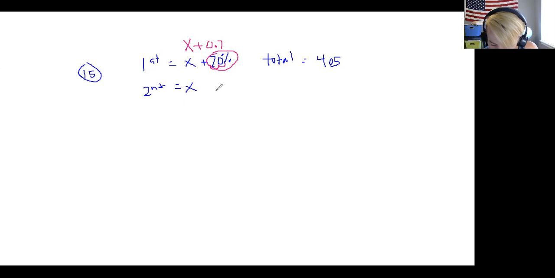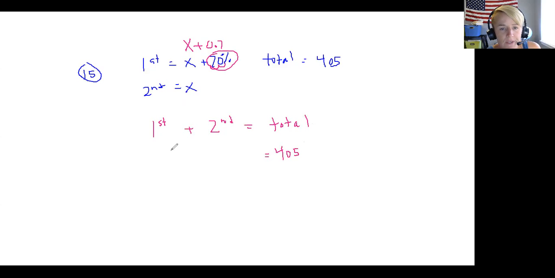So it says, what are the two numbers? This is exactly like the last problem. I'm only going to set it up for you and then turn you loose. I'm going to add up first number plus second number, and that's going to give me my total. And we know that our total is 405.